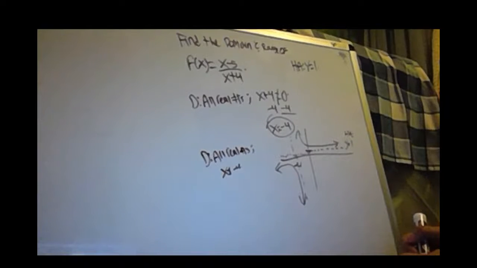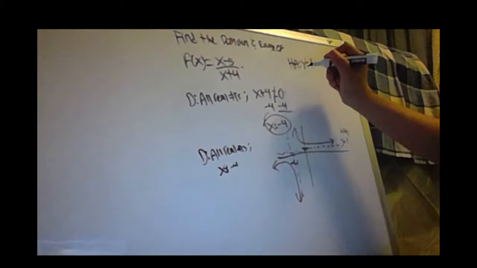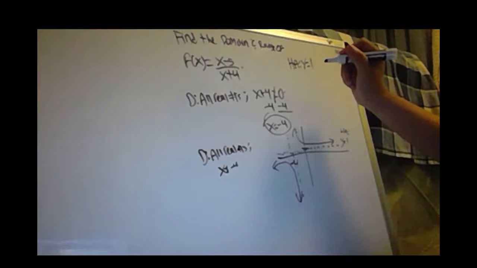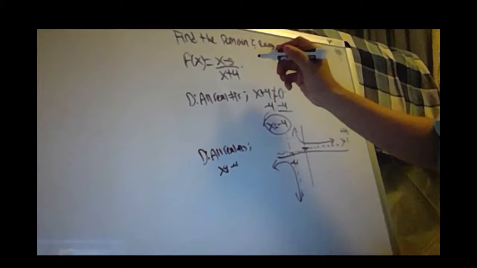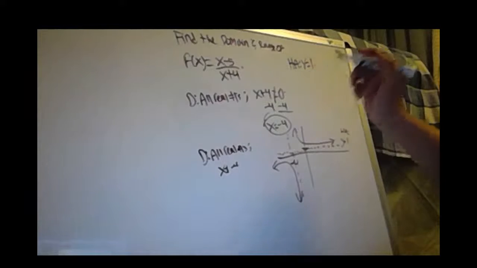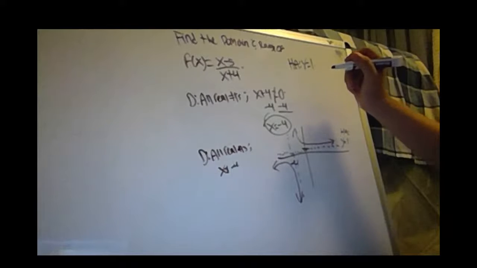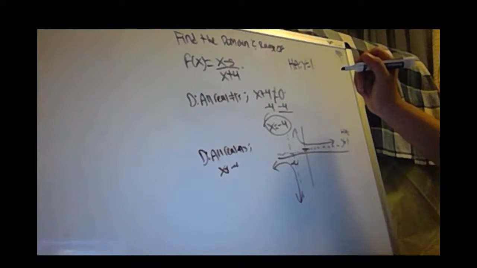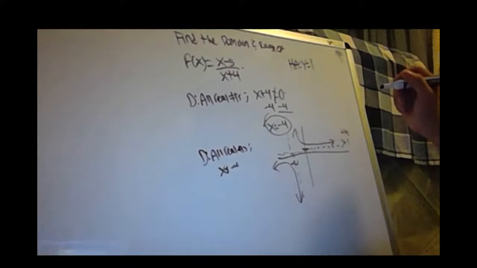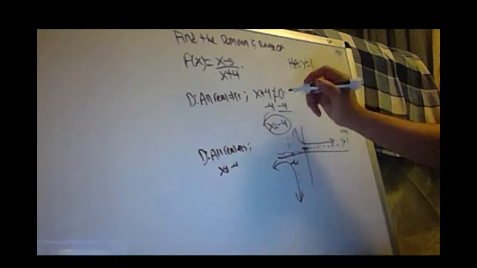As for the range, notice that because our horizontal asymptote is y equals 1, that means that the graph cannot touch y equals 1. We cannot make this equal to 1 because there would not be any solution, okay? This is exactly like the domain.